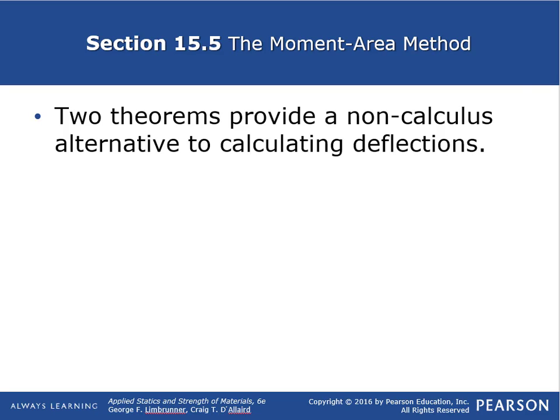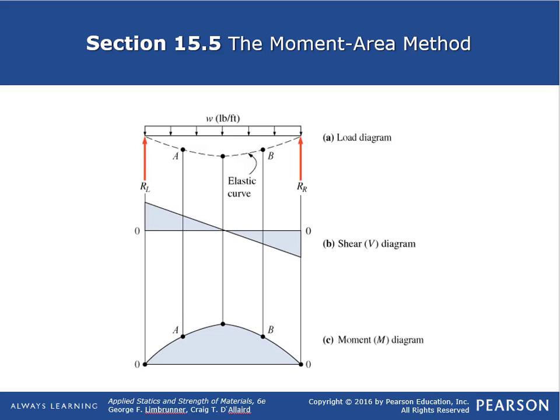When it comes to asymmetrical loading or lots of different loads, then we end up using the moment area method because it's a little bit more involved and a little bit more robust for us to calculate with. So we're going to be covering this example.